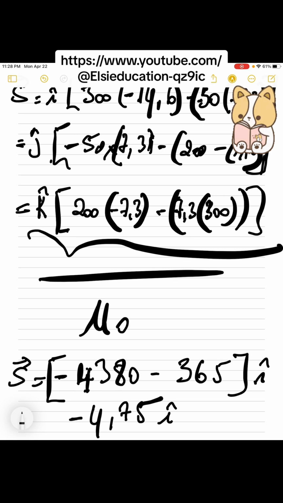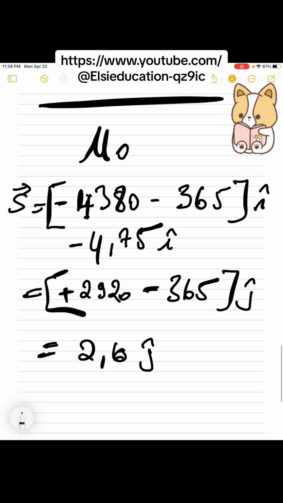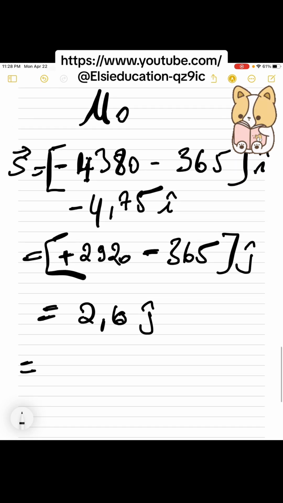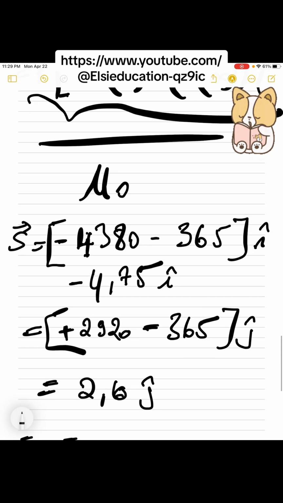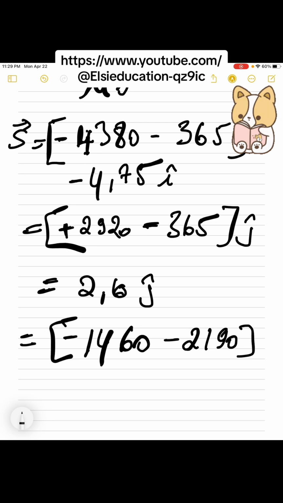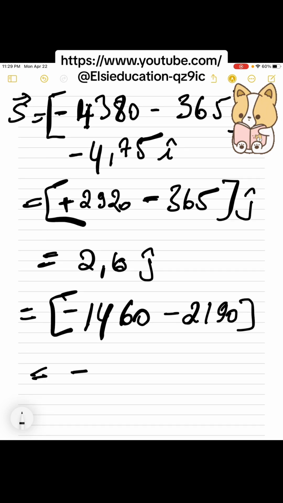Let's see if they are minus 365. Exactly. So that's minus 200, that's minus 1460 minus 2190. So this one will be equal to minus 3.6 on the K section.